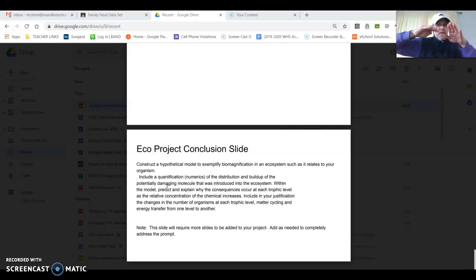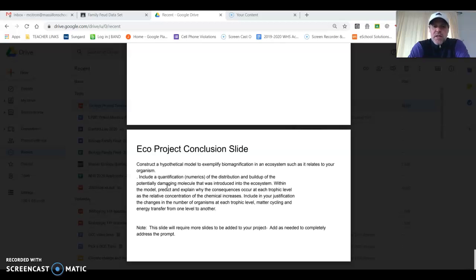The cricket that eats the grass is going to consume many pieces of grass, therefore many pieces of that heavy metal, magnified trophic level to trophic level to trophic level. Then the mouse that eats the grasshopper, then the snake that eats the mouse, then the hawk that eats the snake, and then the decomposer that eats the hawk. So as you get higher up onto these trophic levels, that chemical gets magnified up and through into that trophic level. So you're going to construct a hypothetical model of your organism in your ecosystem that exemplifies biomagnification.